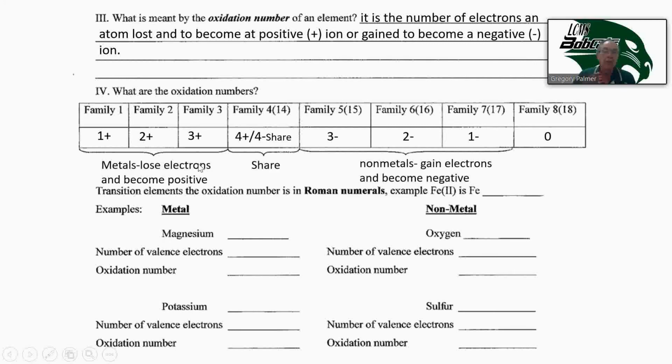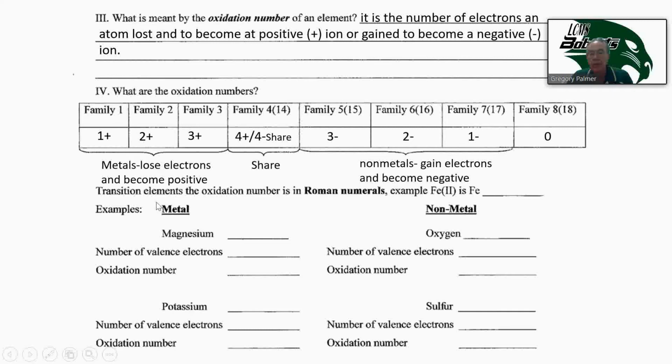So in general, what we've learned is the metals lose electrons, they lose negatives, and they become positive ions. In family 4, we're typically going to find that there's covalent bonding and sharing going on. In families 5, 6, and 7, the nonmetals gain electrons and become negative ions.